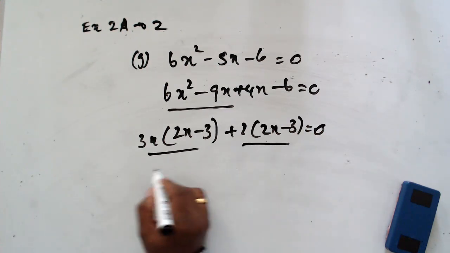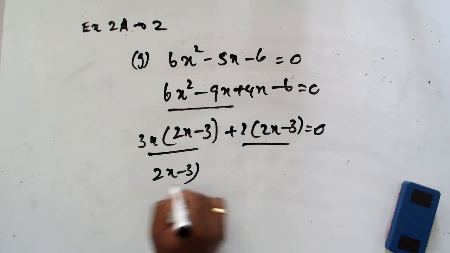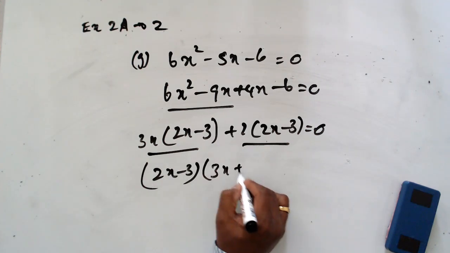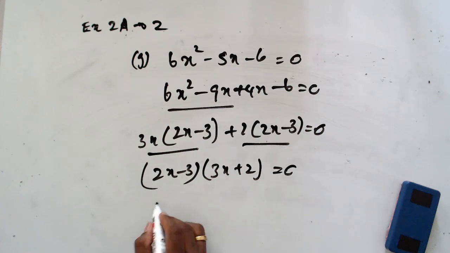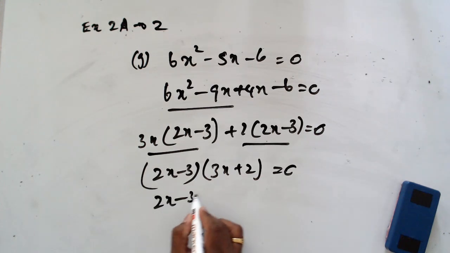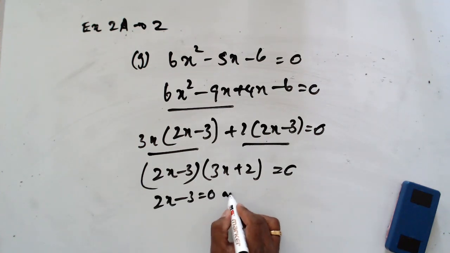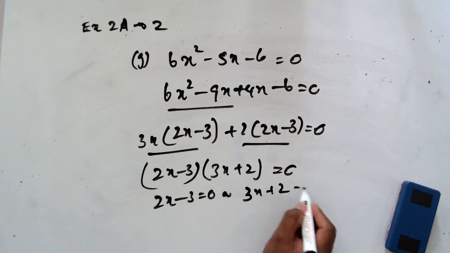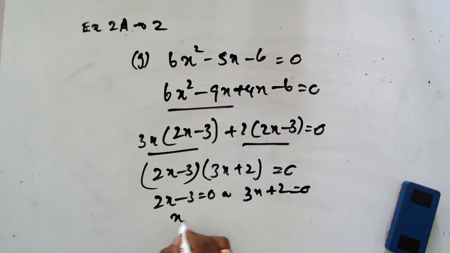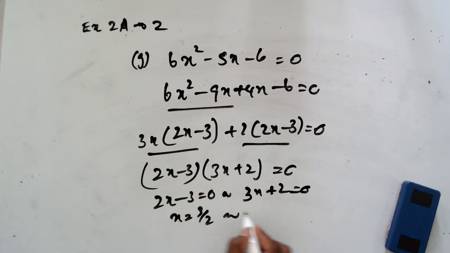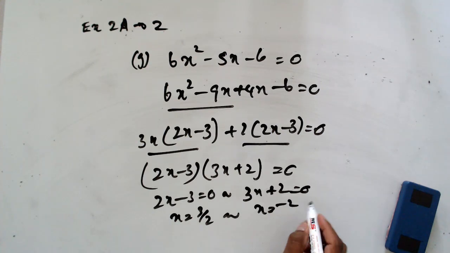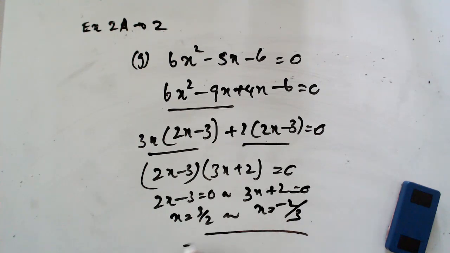From both, 2x minus 3 is common. Then 3x plus 2 here. Then 2x minus 3 equals 0, or 3x plus 2 equals 0. x equal 3 over 2, or x equal minus 2 over 3.